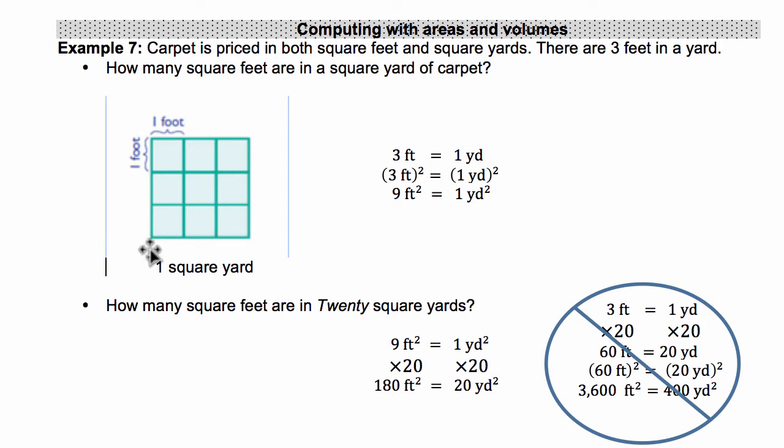Since there are 3 feet in 1 yard, the large square has the area of 1 square yard. Notice, 9 of the little squares take up the same area as the 1 big square. Thus, there are 9 square feet in 1 square yard, as we calculated here.